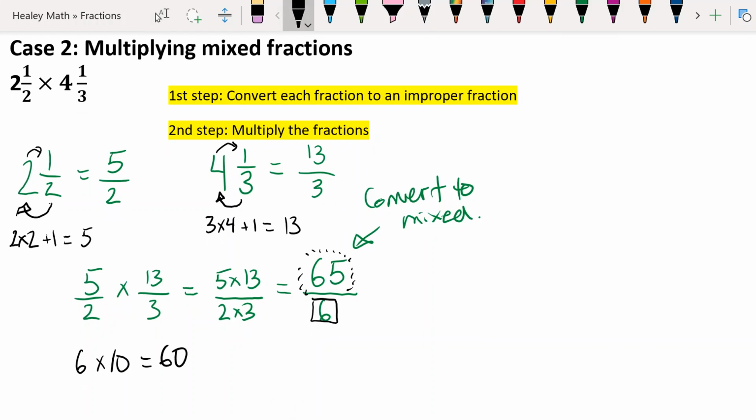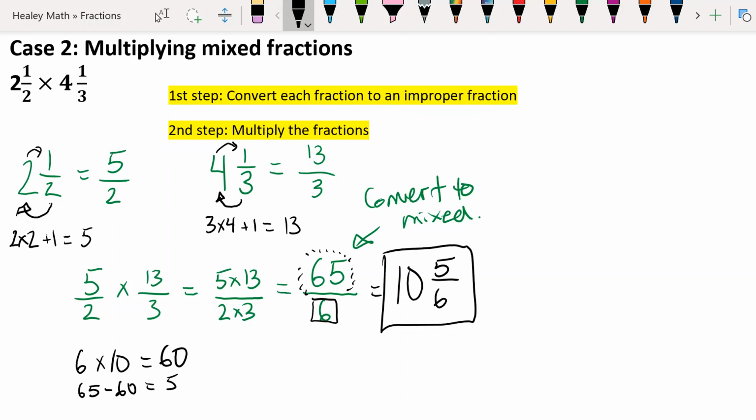And if we do 6 times 11, that'll be 66. Whoa, hold up. Let's go back. Therefore, we know that we have 10 times, and 65 minus 60 is 5. So we have 5 remaining out of 6. And there is our conversion to mixed form. That is it for case 2.